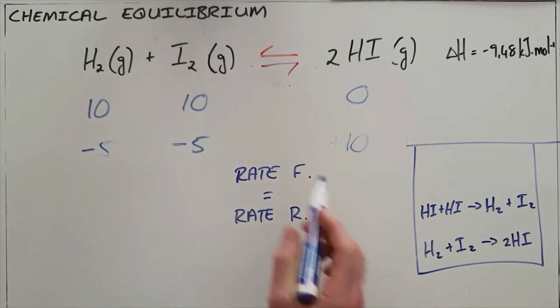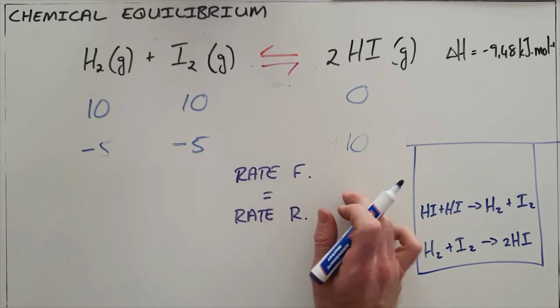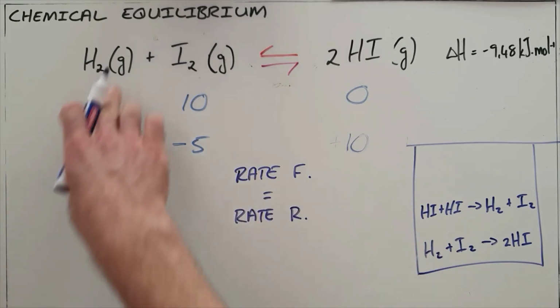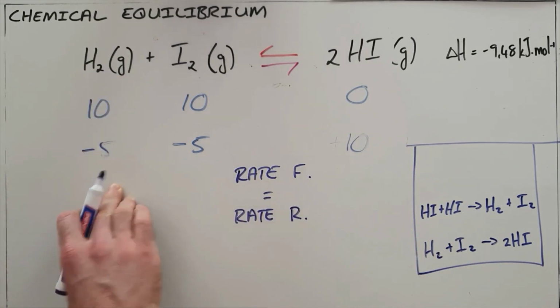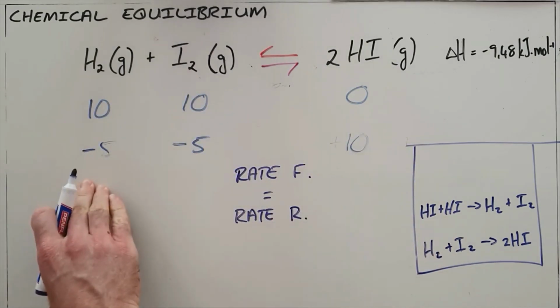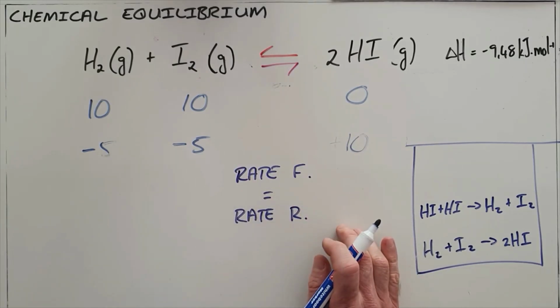We say this because at that point, it looks like the amount of each substance present remains constant, because every time one hydrogen is used up on this side, another one is produced as a result of this, so the net change to the amount of hydrogen or the amount of hydrogen iodide remains 0.